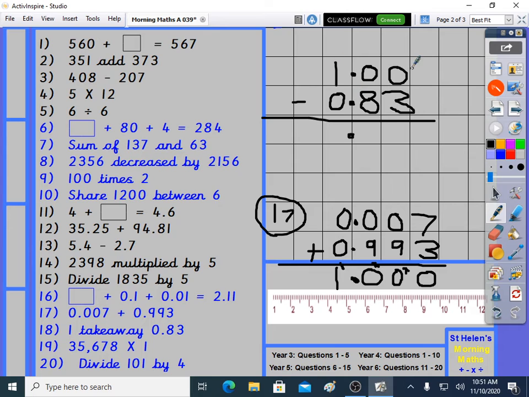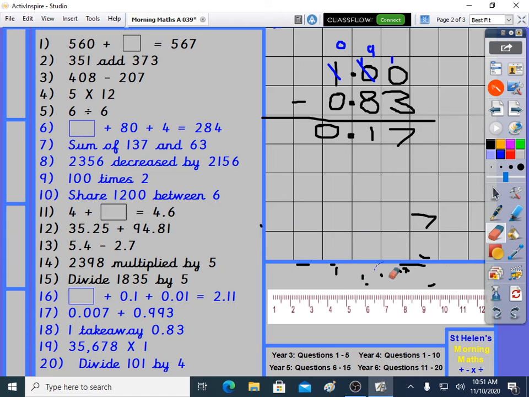We could say we're taking 100 hundredths and taking away 83 hundredths from that. So it's going to be 0.17, I believe. See how the method does this for us. 0.17 we get, don't we? That was question 18. 0.17.